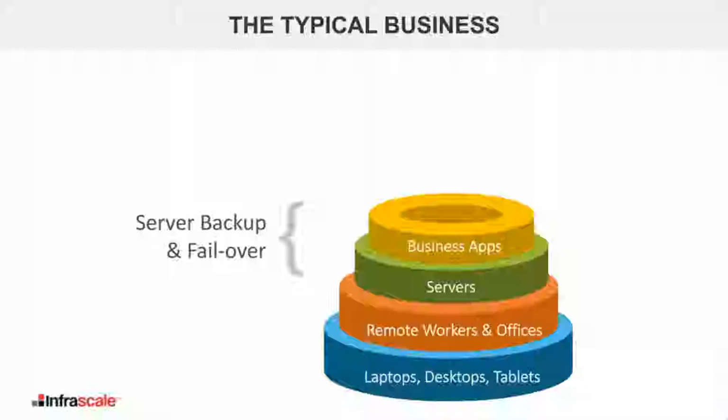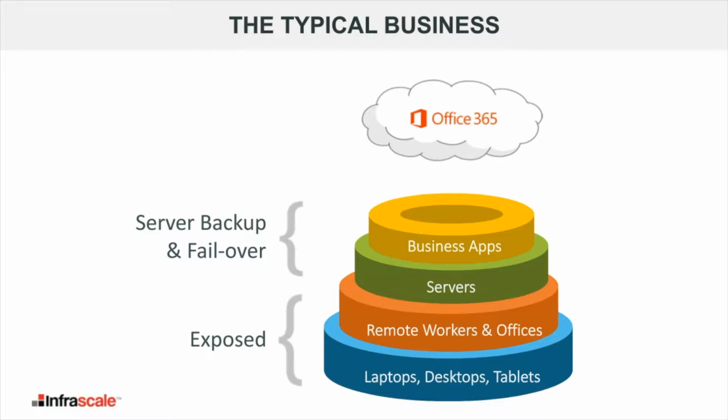However, we then look at remote workers, branch offices, endpoints, laptops, desktops, and tablets, and we see that these are left exposed, either completely exposed or improperly protected. Not to mention cloud applications. When it comes to O365, Box.com, these are going to be left exposed as well.